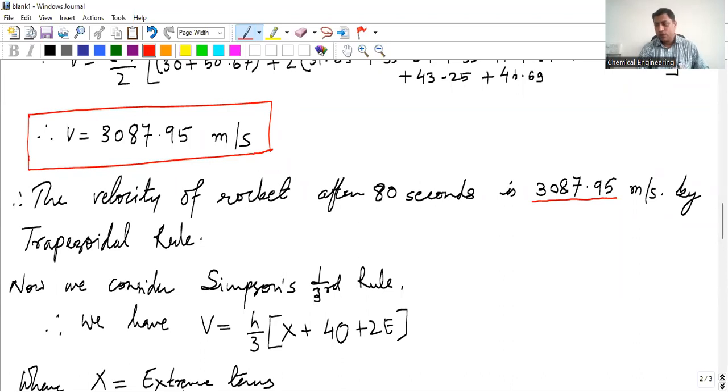Is there any doubt in this example? No, sir. Okay, that's good. I hope all of you are able to get this.